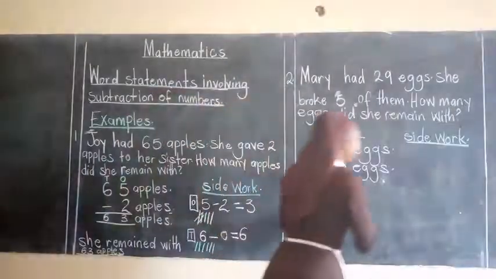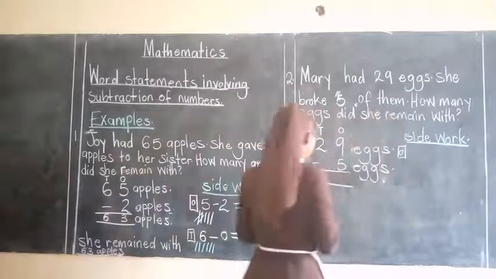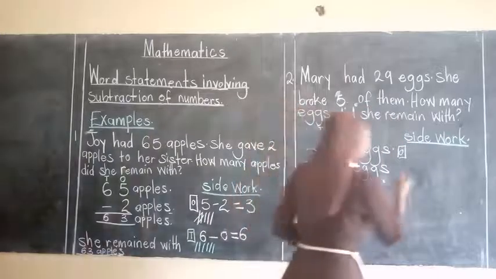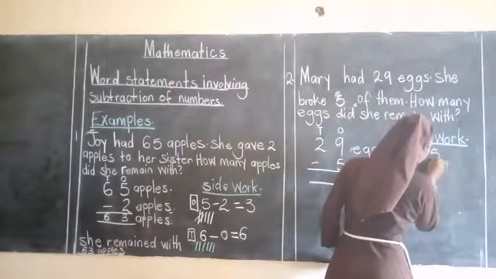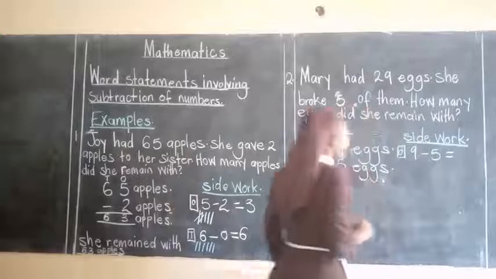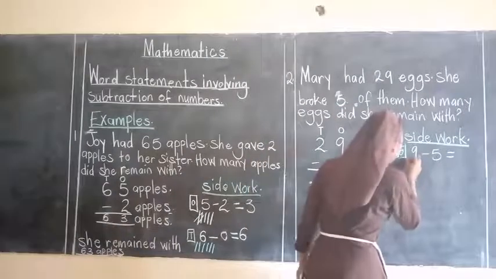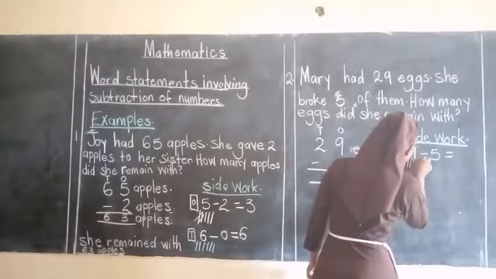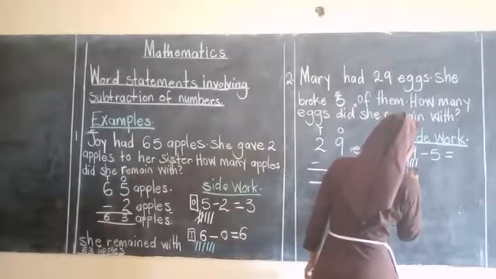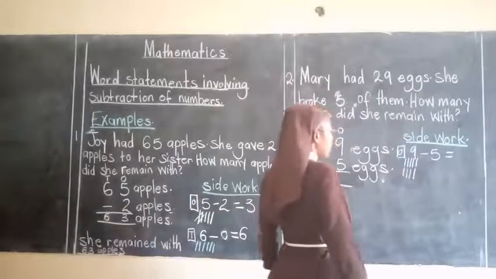So we begin dealing with the ones. Under the ones we have 9 take away 5. We are going to draw our 9 counters here. 1, 2, 3, 4, 5, 6, 7, 8, 9. Those are 9 counters.